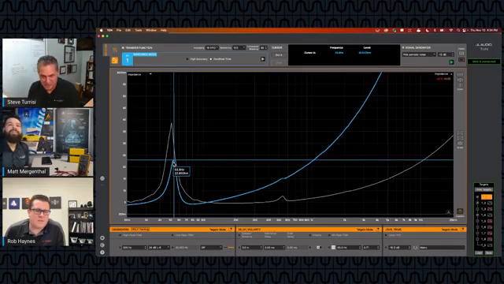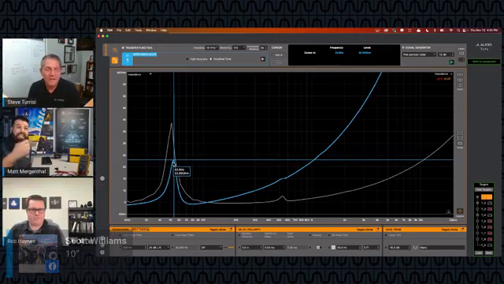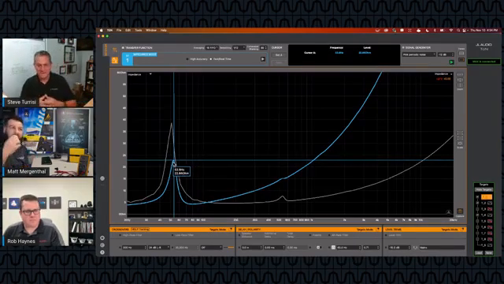All right. Well, it looks like Scott Williams got it right. It's a 10W3, 10TW3 in a sealed enclosure. So what happened? The actual enclosure made the peak of the impedance rise up because it's in an enclosure. So it's not as low as it would have been if it were free air.